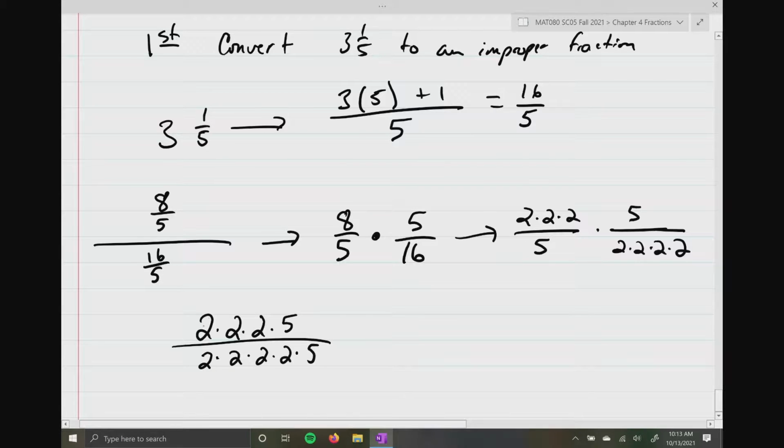So 2 over 2, that goes to 1 over 1. 2 over 2, 1 over 1. 2 over 2, 1 over 1. And then the 5 over 5, which is 1 over 1. So in my numerator, I'm left over with a 1. In my denominator, I am left with a 2. So the answer is 1/2.